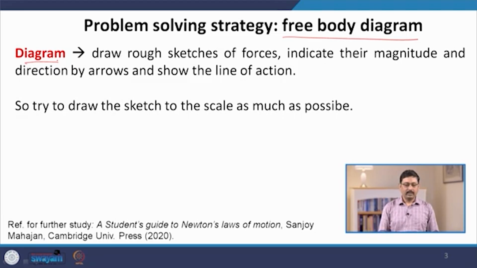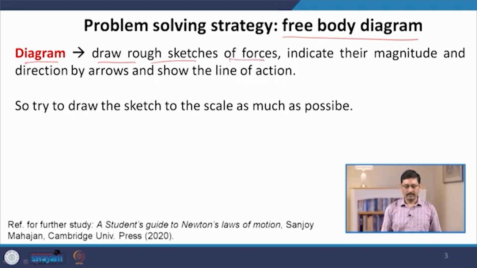No, first you should get a feel for the problem. You should apply your physical intuition to the situation of the problem.